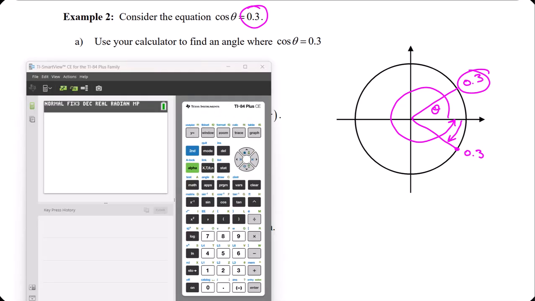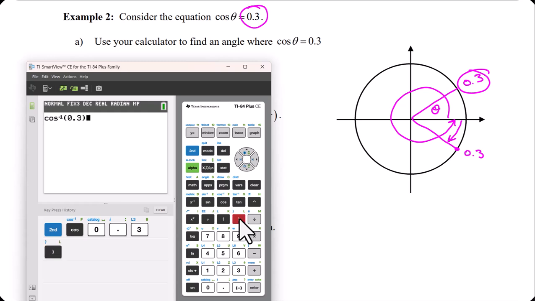So second cosine of 0.3, we're looking for the angle that has that cosine value. So 0.3 is the cosine value. If I press enter, I get the angle in radians that has that cosine value.